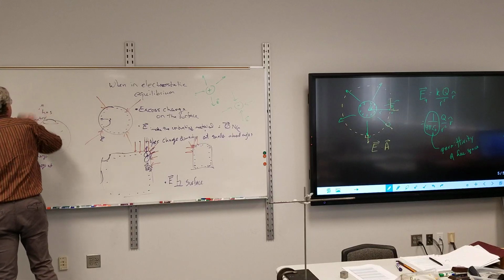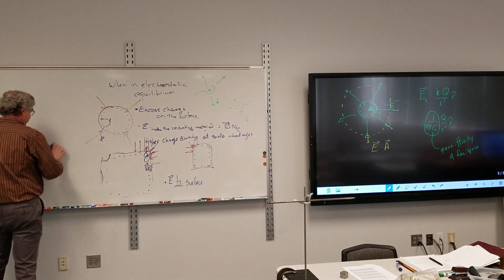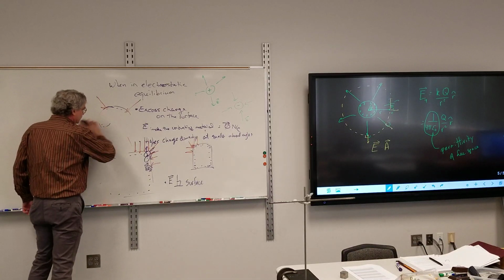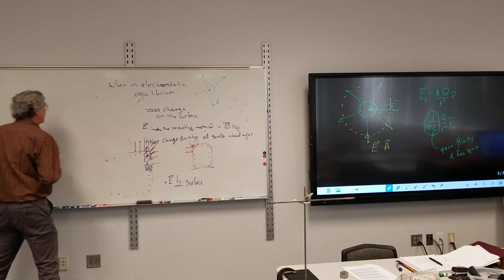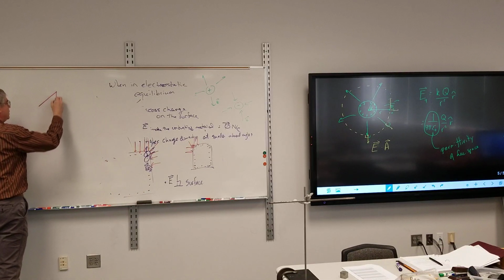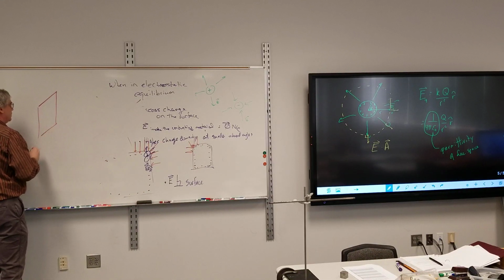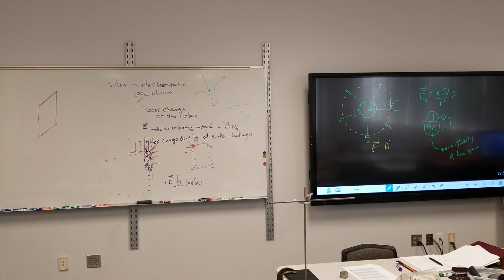Now, if I've got a two-dimensional surface, is my area vector pointing, side view, jaunty tilt view, is that the direction of the area vector, or is that the direction of the area vector?